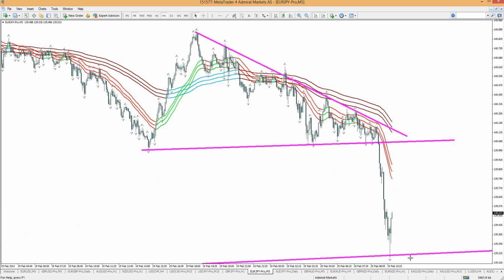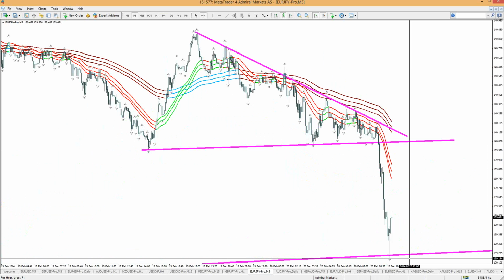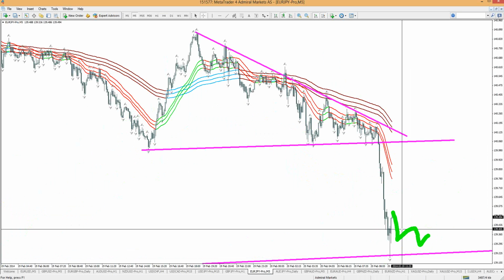If we get some consolidation like that, then an early break of the triangle could be a reversal potential already. But that will happen later today. That's going to take some time. Or what we could see is a small rising wedge and then a pop-up.